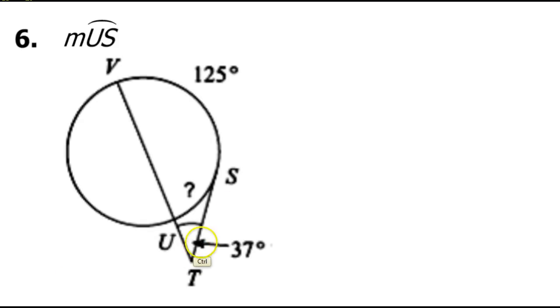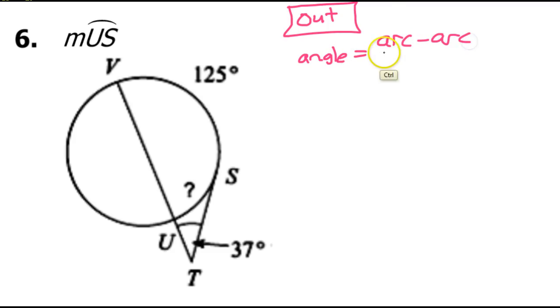All right, here we have yet another angle that is outside the circle. So that formula is angle is equal to the big arc minus the small arc divided by 2. So they gave us the angle this time, so that is 37. So I'll go ahead and put the 37 is equal to, the big arc is 125.